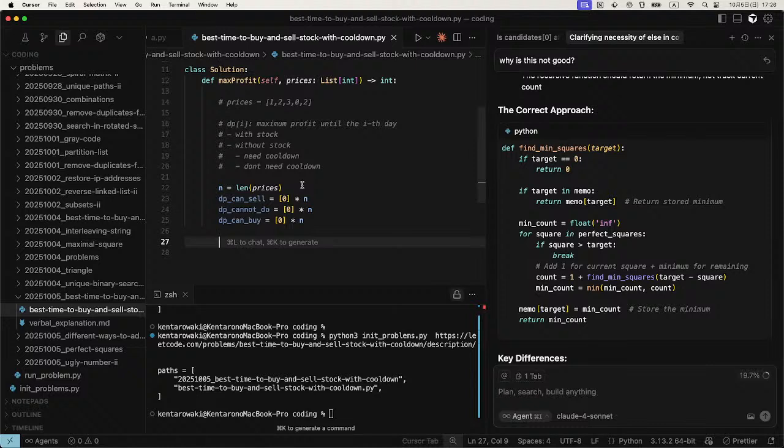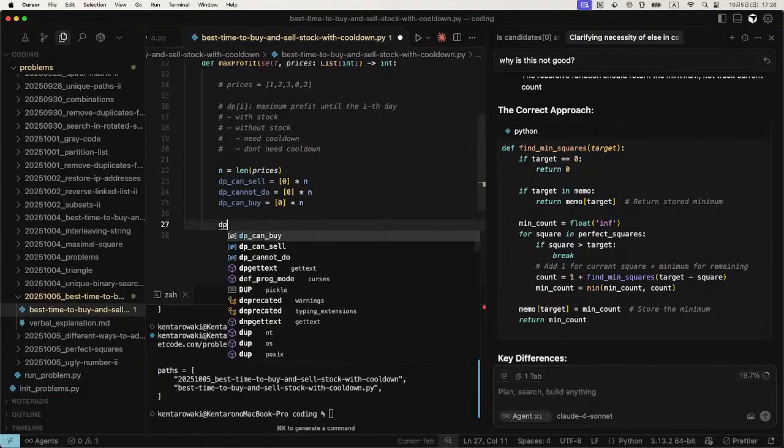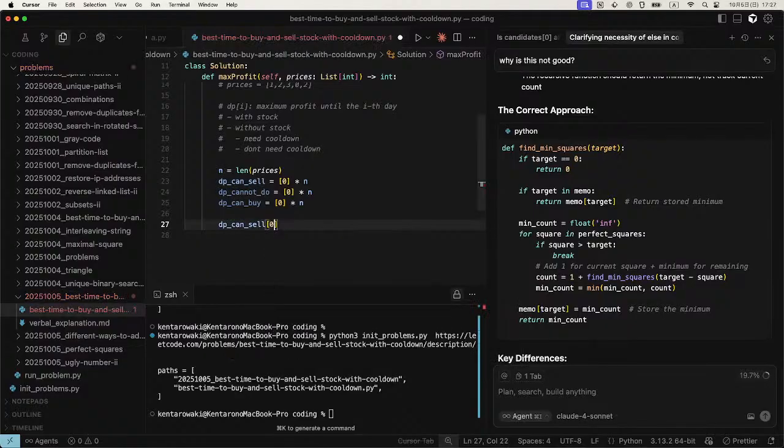And the price, on the very first day, we buy. Yeah, after the first day, we can buy the stock.